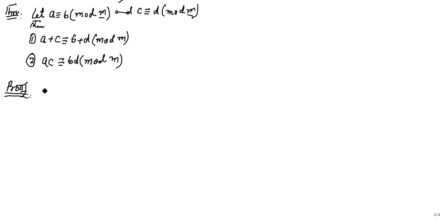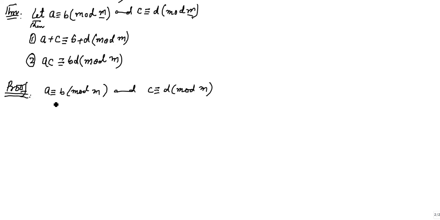So, it is given here that a is congruent to b modulo m and c is congruent to d modulo m. Okay.